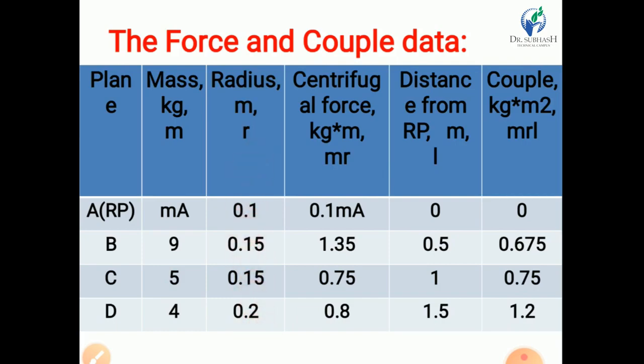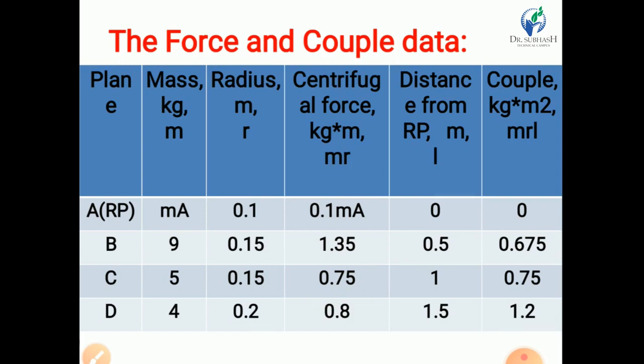Now we can calculate the centrifugal force. The general equation of centrifugal force is m omega square r, but omega is common in every calculation, so we determine the centrifugal force by dividing by omega square. So we calculate it in kg meter, and the notation is mr. These are our centrifugal forces: 0.1 mA, 1.35, 0.75, and 0.8.